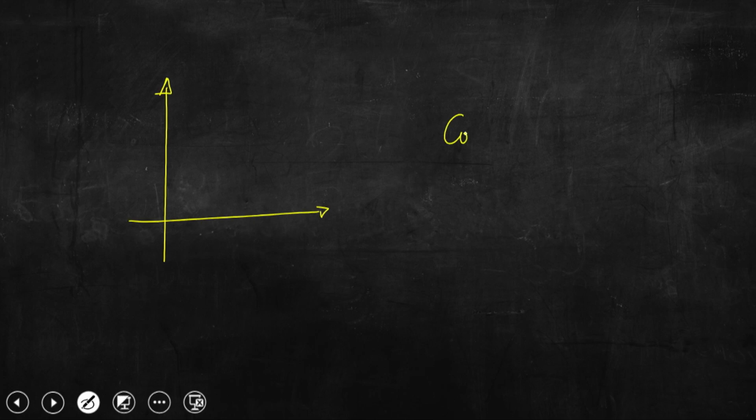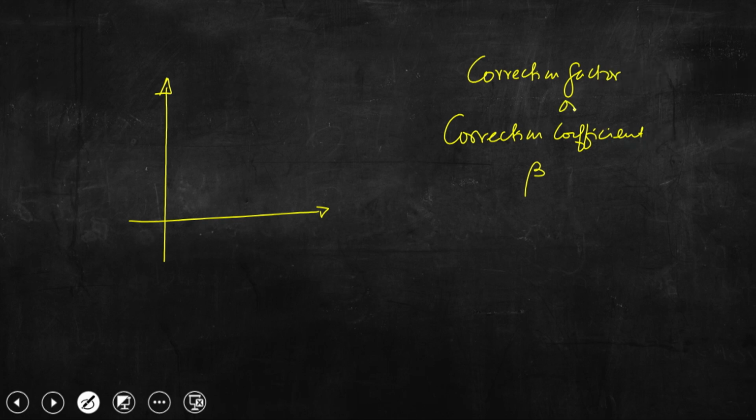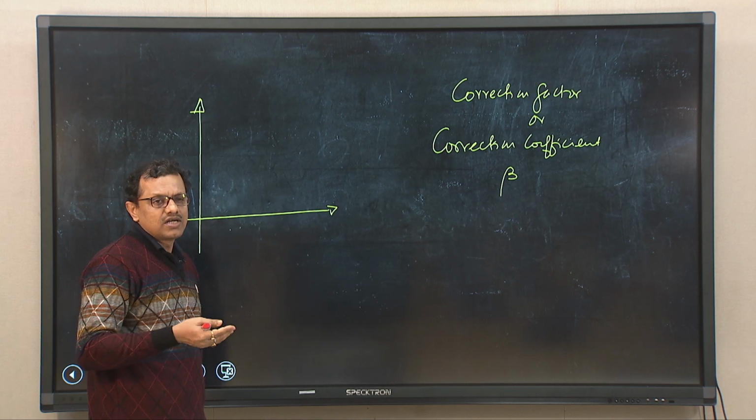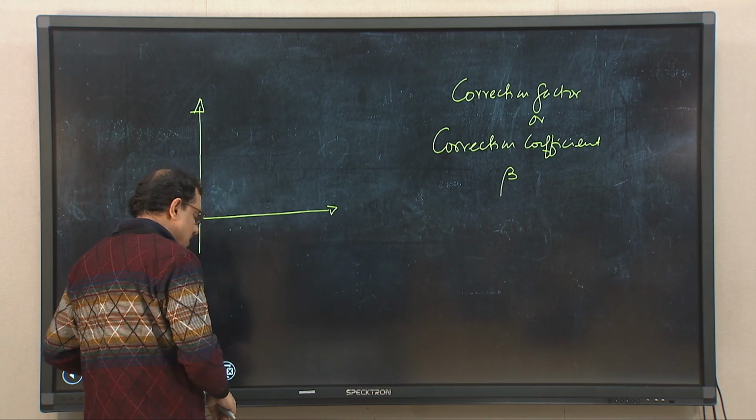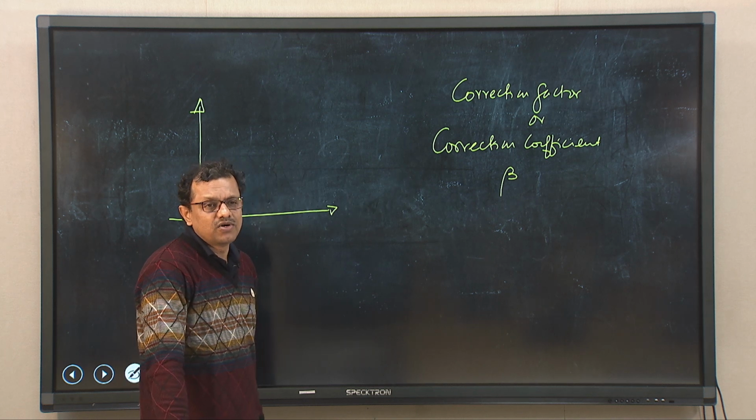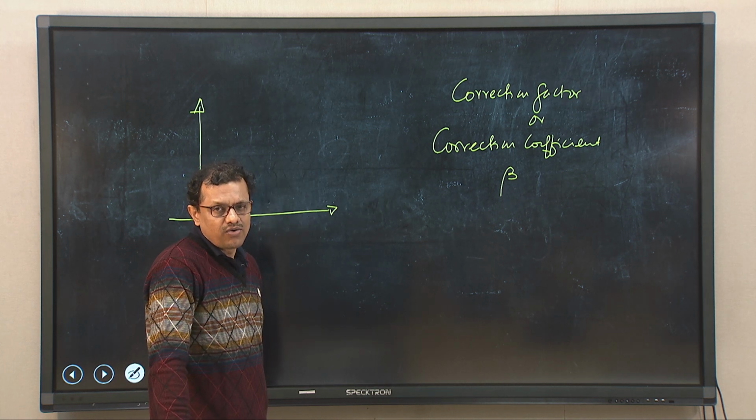If we use a correction factor or correction coefficient beta, I will be using a suffix to indicate whether that correction coefficient is for air temperature, coolant temperature, or exhaust gas oxygen, all these things.